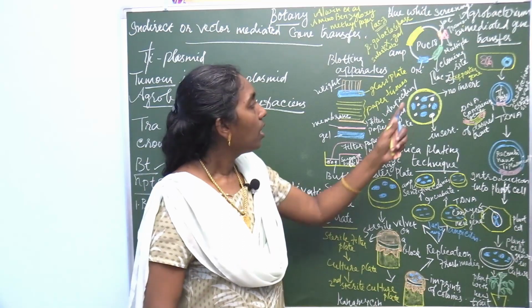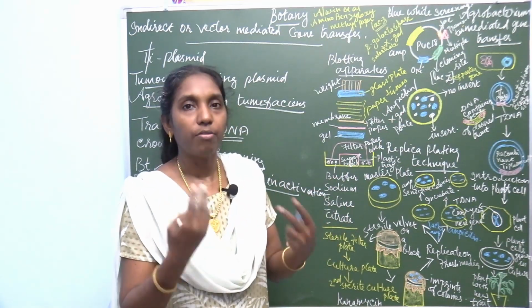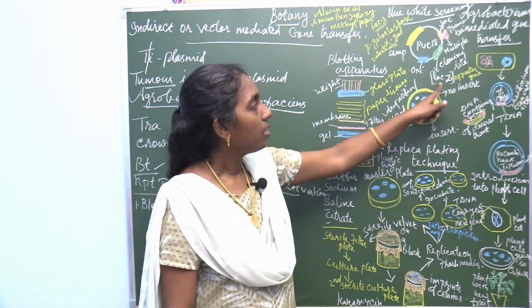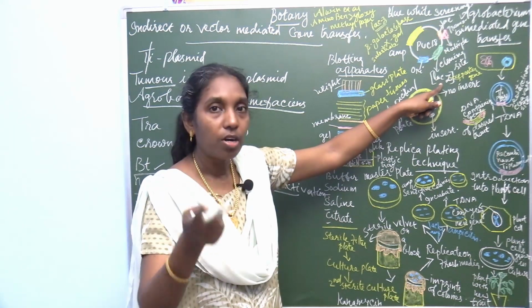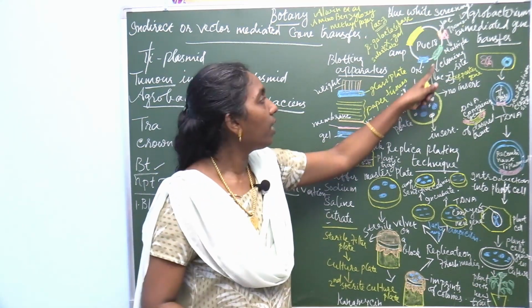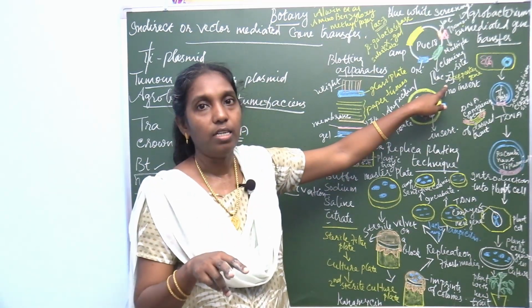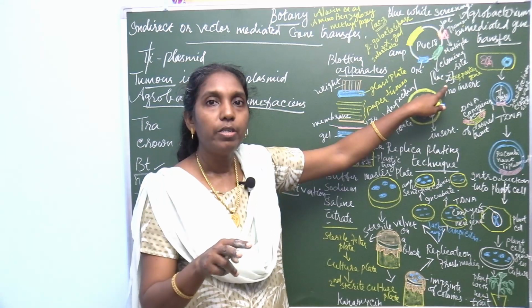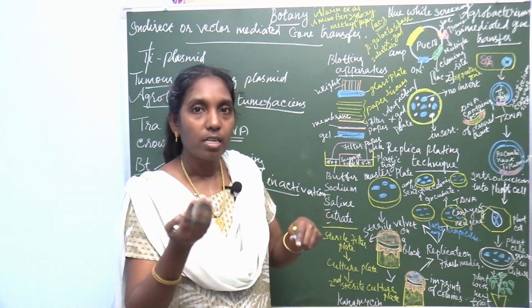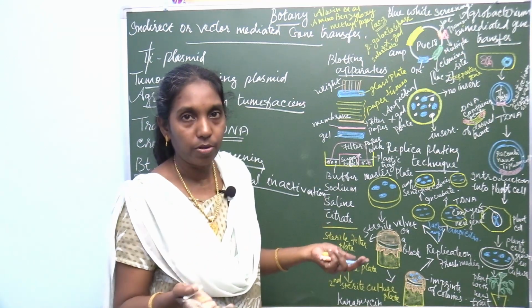How does this develop? When a foreign gene is introduced into the vector, it inactivates the activity of LAC-Z. When the LAC-Z gene is inactivated, it cannot synthesize beta-galactosidase, so the blue colored product cannot be produced.